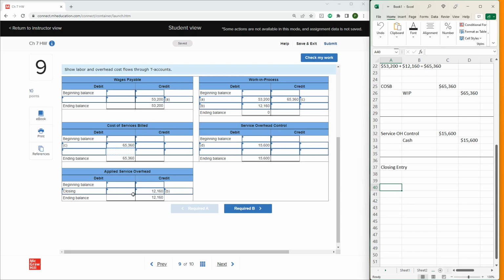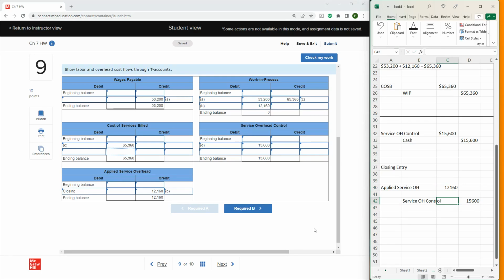for $15,600. So here we take a look and we see that we've applied only $12,160, but we incurred $15,600 in overhead costs. So that means we underapplied. If we underapplied an expense, we're going to have to increase the amount of expense that we recognized.